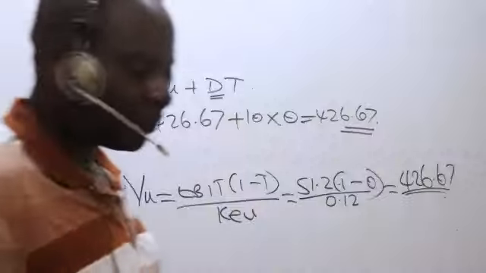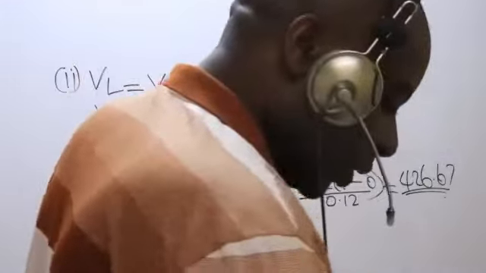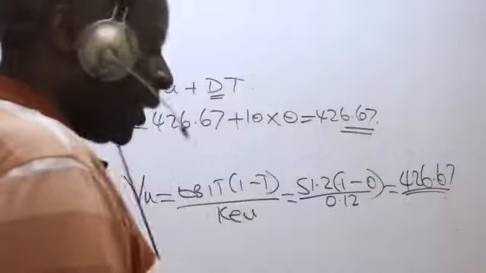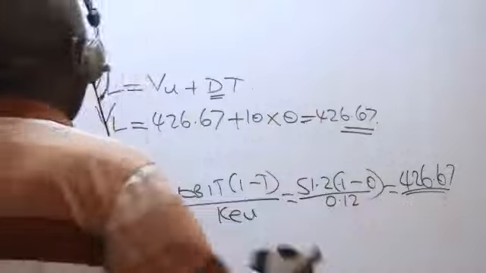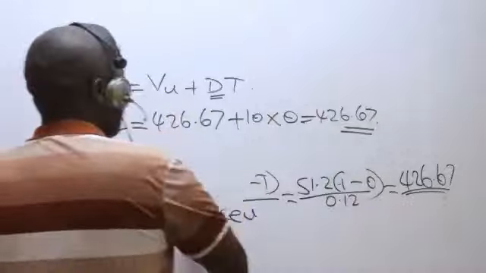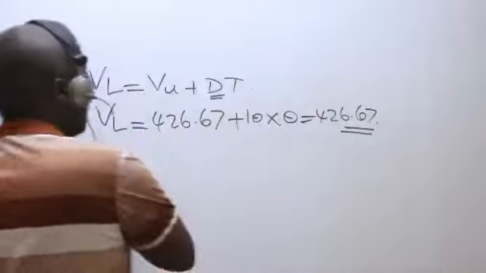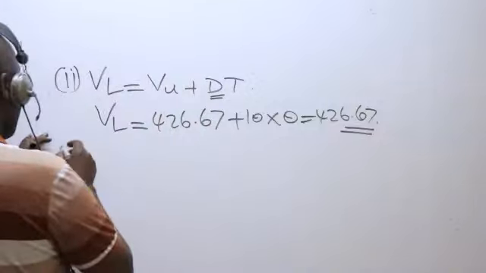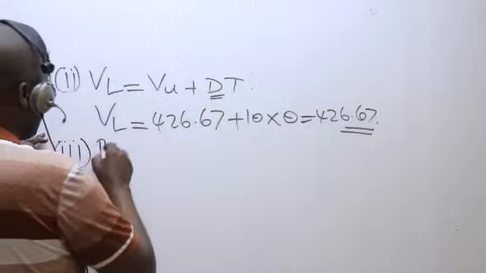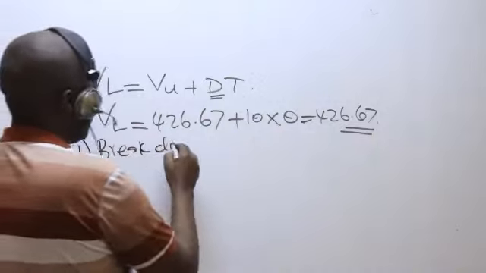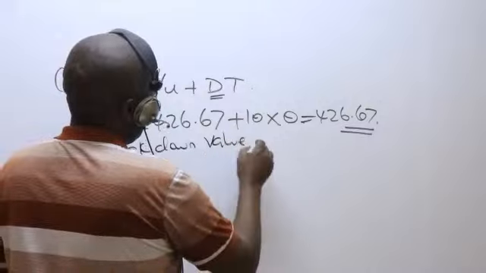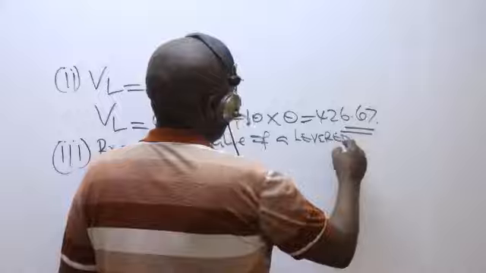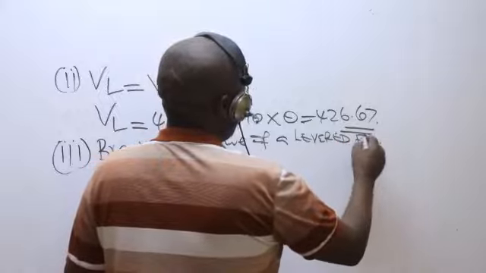Great. Now from there, ladies and gentlemen, please move to the last one, the WACC. I love WACC a lot because I know that the very first thing when they want me to give them WACC is to break down the value of a levered firm.